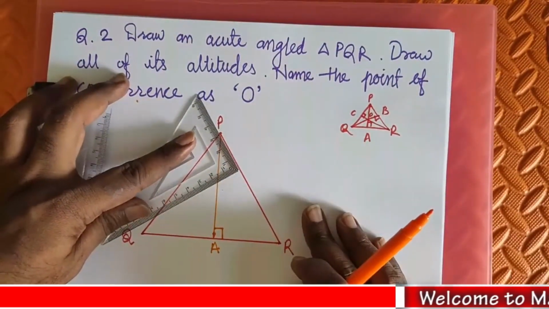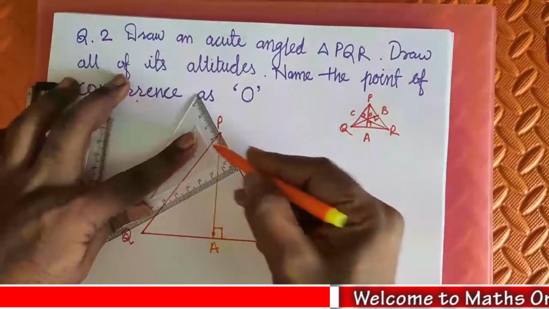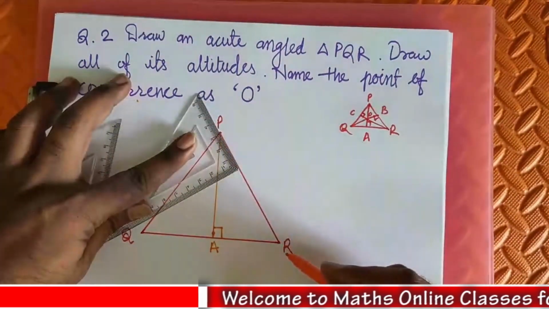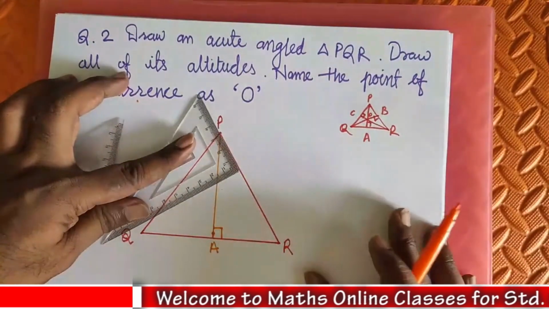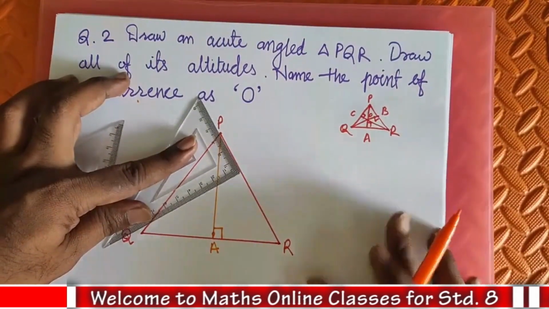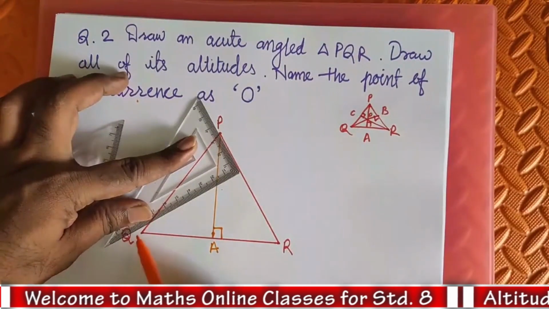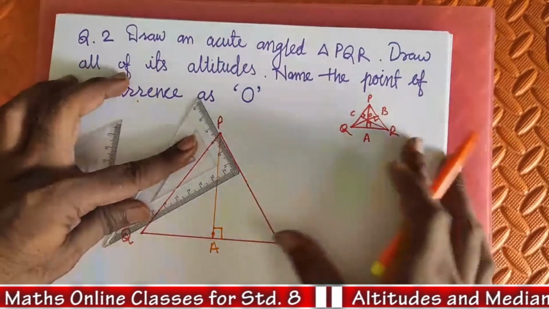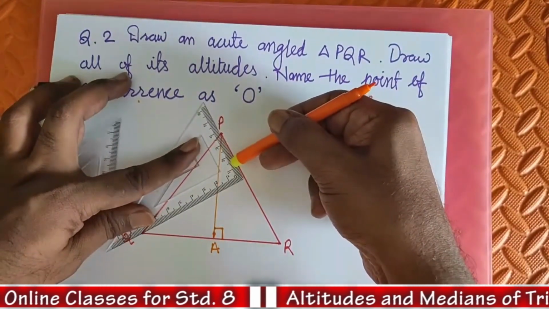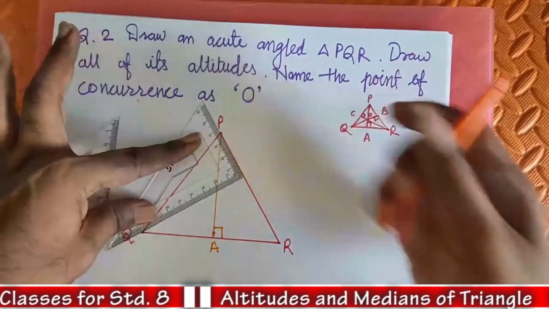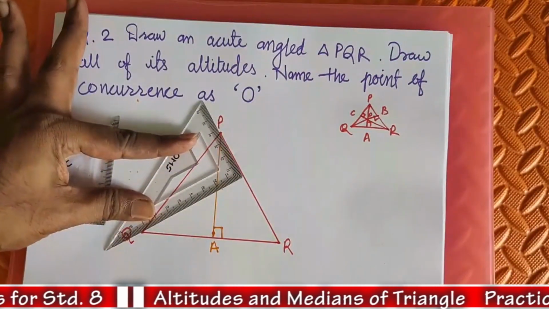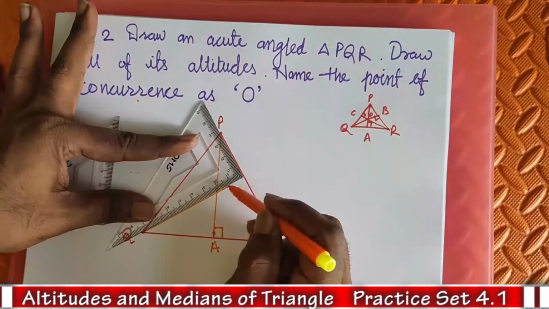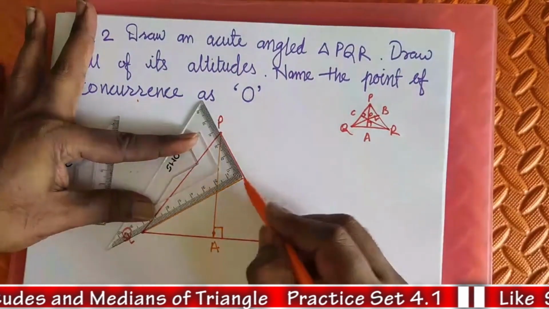In this way you can match this side on side PR and slowly move it down till this vertical side touch to point Q or vertex Q. In this way I will draw second altitude.